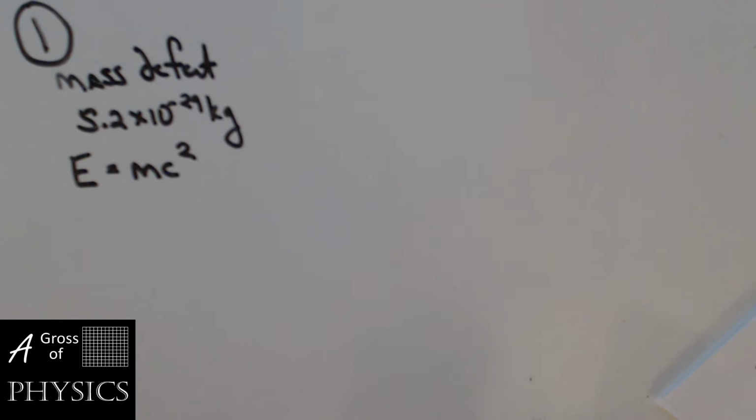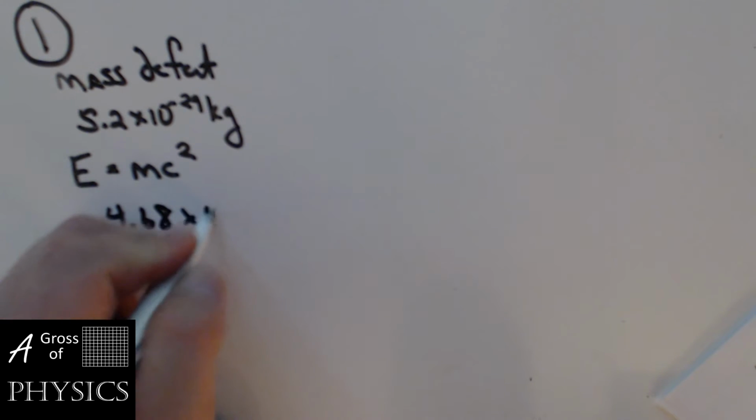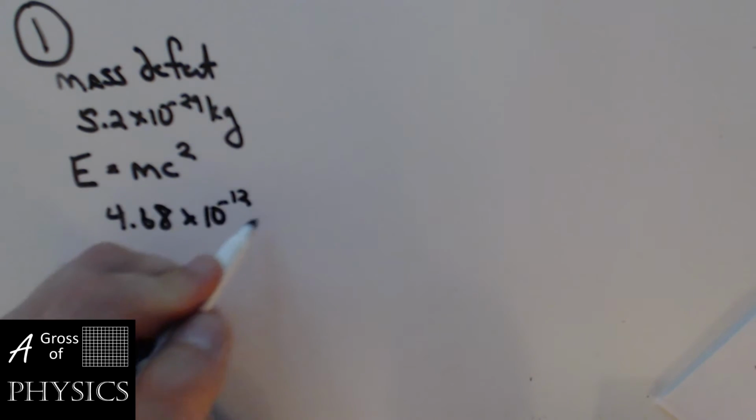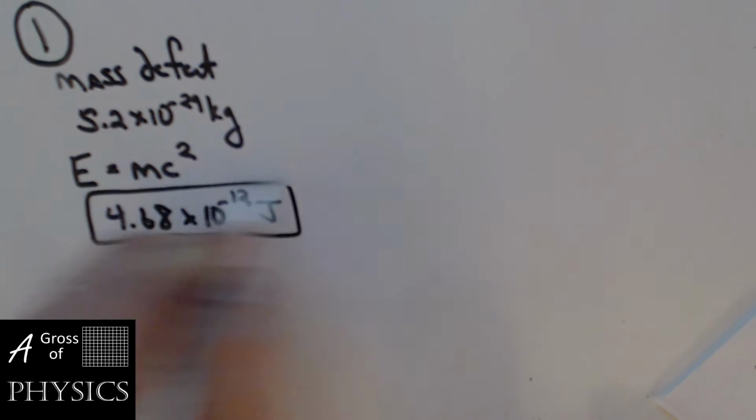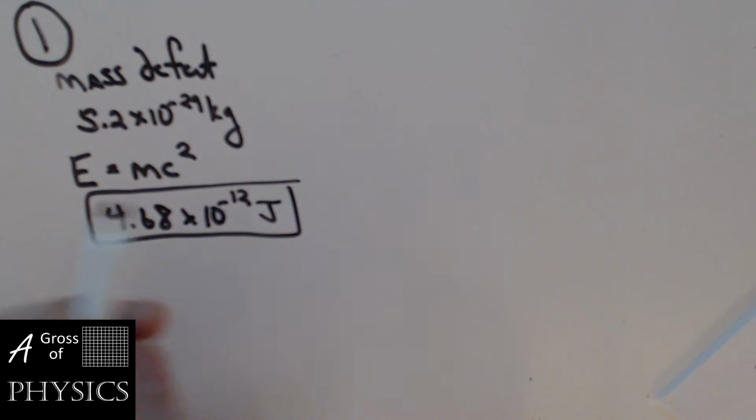So it's 5.2e negative 29 times the speed of light, which is 3e8, squared. And you have 4.68 times 10 to the negative 12 joules. So 4.7 times 10 to the negative 12 is choice 4.